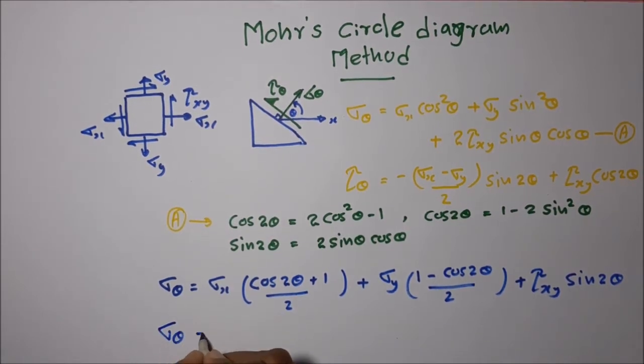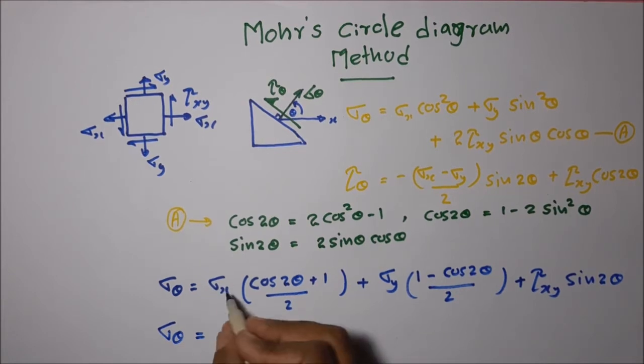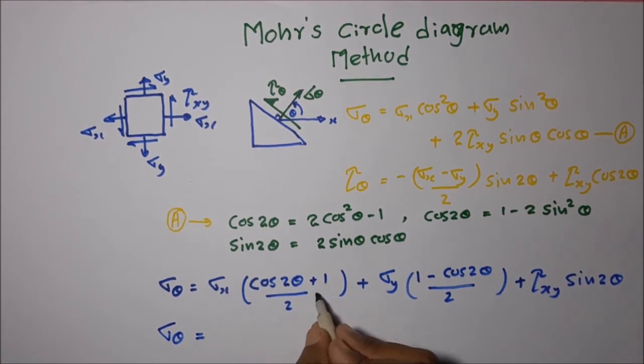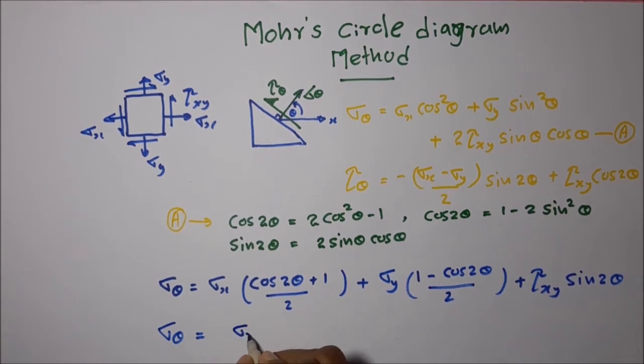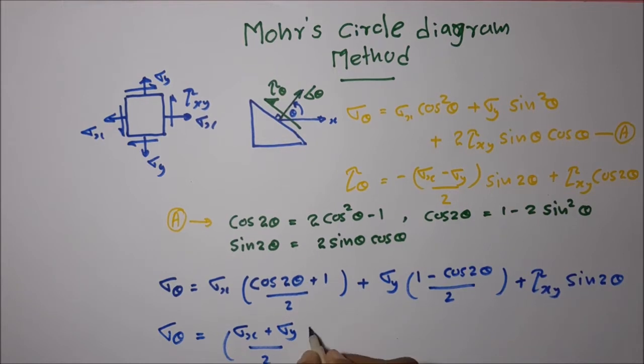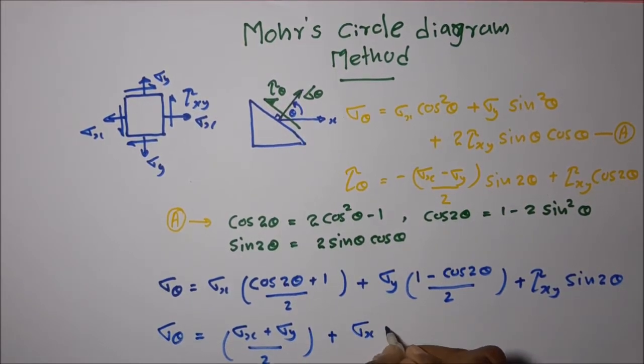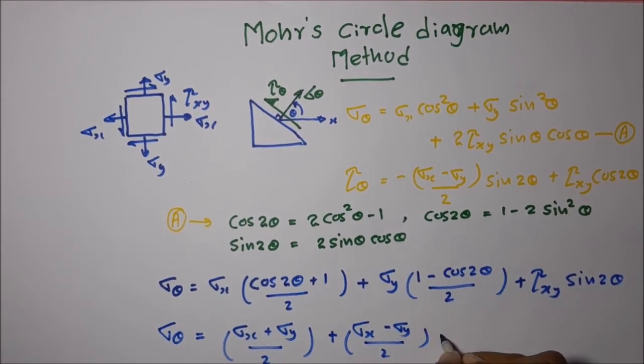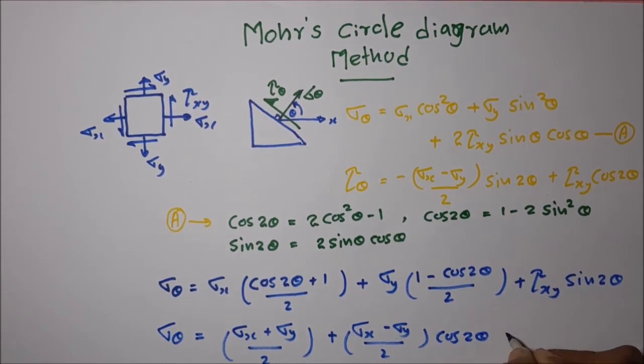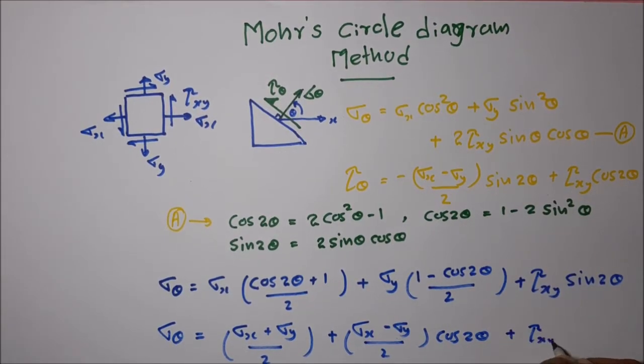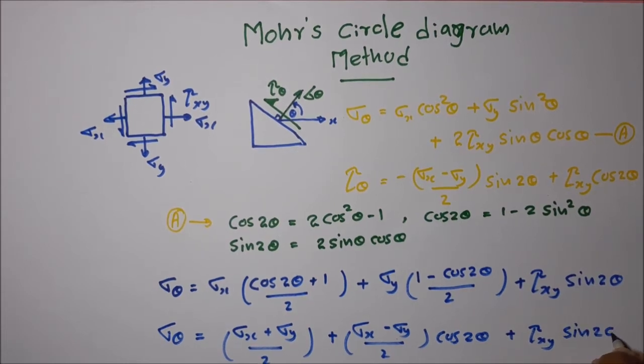Then we can further simplify this equation. Sigma theta is equal to, here sigma x divided by 2 and sigma y divided by 2, I am going to add these two: (sigma x plus sigma y) divided by 2, plus (sigma x minus sigma y) divided by 2 cos 2 theta, plus tau xy sin 2 theta.